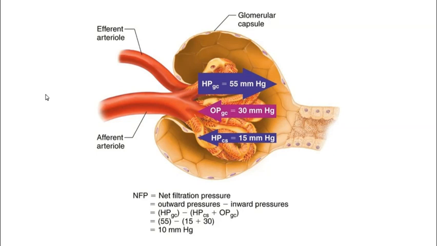And this is due to the fact that the efferent arteriole here, so the blood that's leaving the glomerular capillaries, is smaller in diameter than the afferent arteriole. So you've got a lot of blood volume coming in through the afferent arteriole.